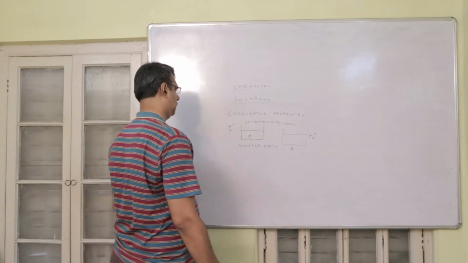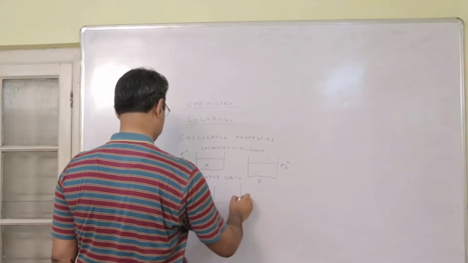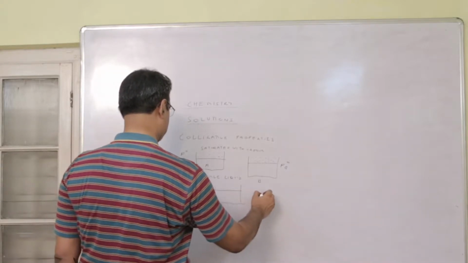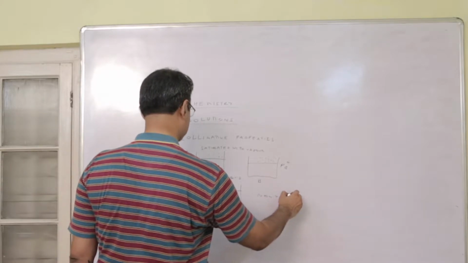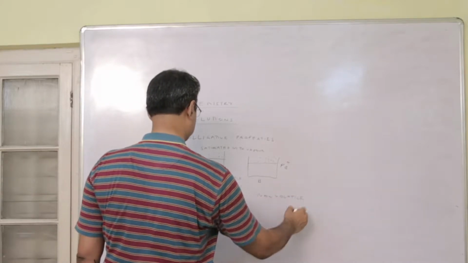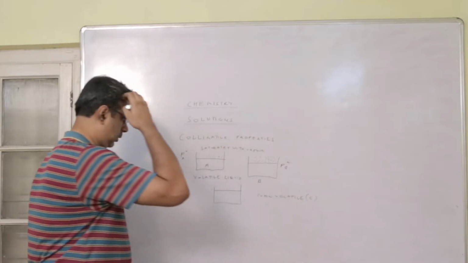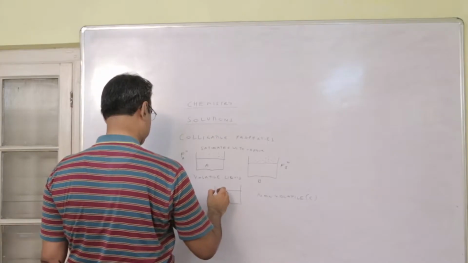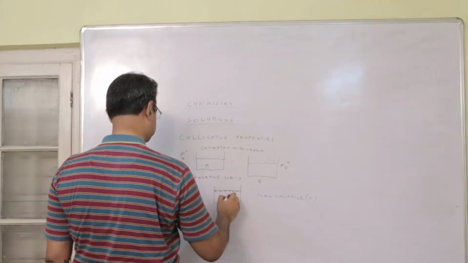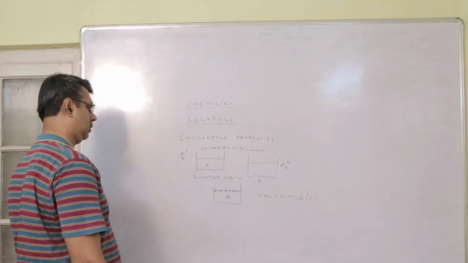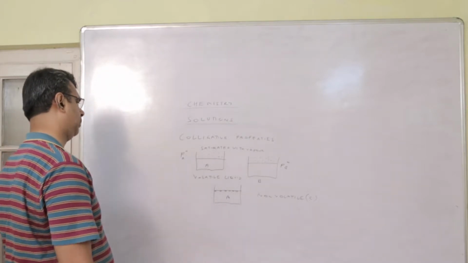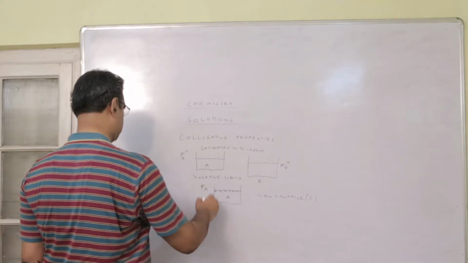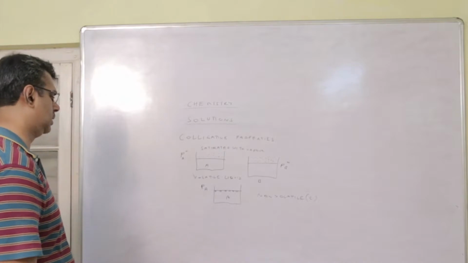Now let's say that there is a non-volatile solute C and it is mixed with A. You will see that now the vapor pressure will come down to some lower value, suppose PA.